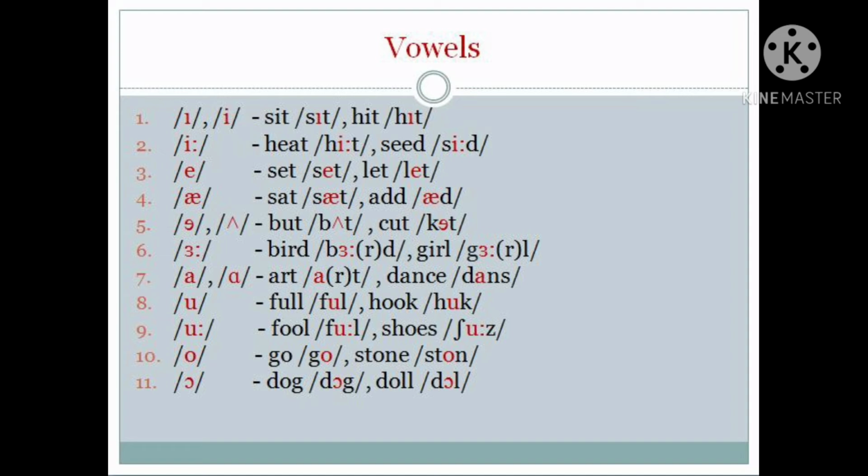Moving on to the fifth one, we have the schwa sound, which is pronounced as a very short A. This also has two symbols for its representation and can be seen in examples like cut and butt.